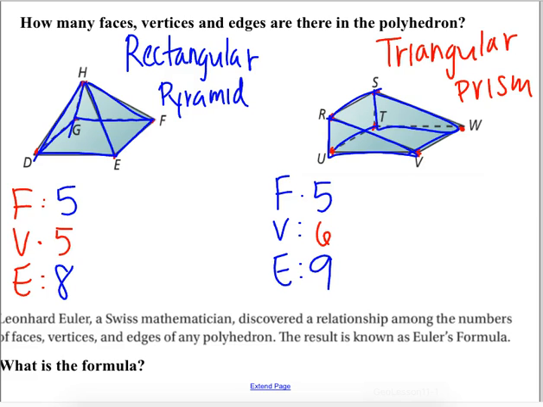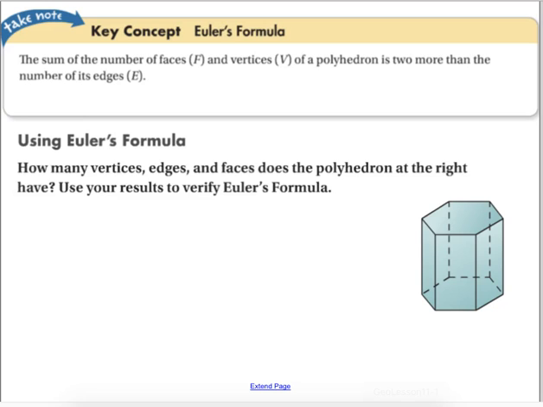So now, instead of having to count that out every single time, there was a Swiss mathematician named Leonhard Euler, that discovered a relationship among the faces, vertices, and edges. For the most part our examples are pretty straightforward, but there are some polyhedrons that are pretty complex, where this formula would benefit you.